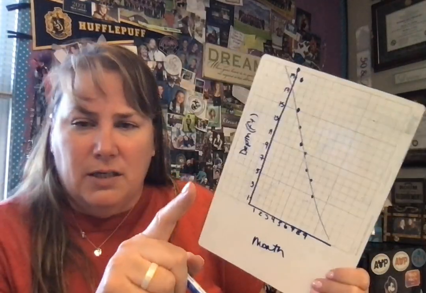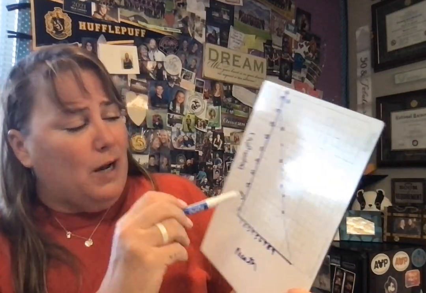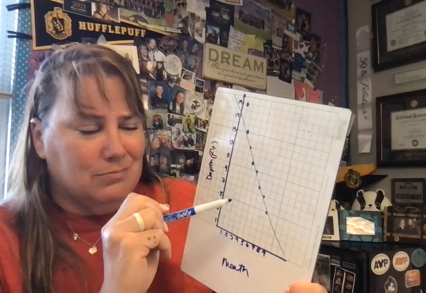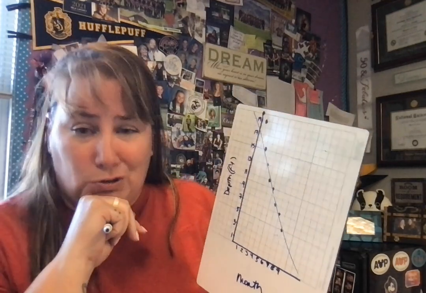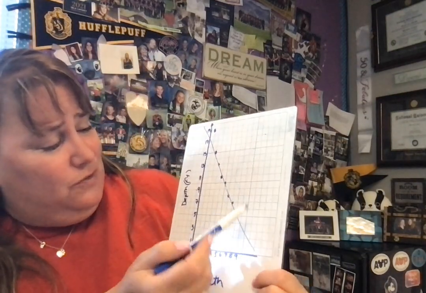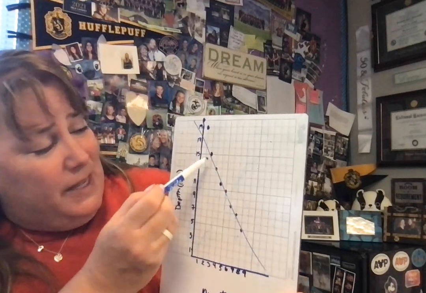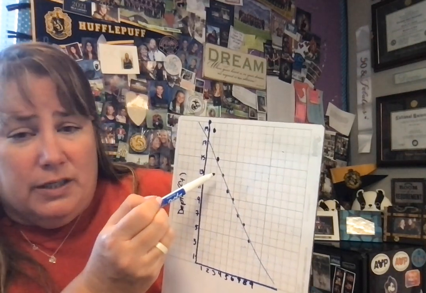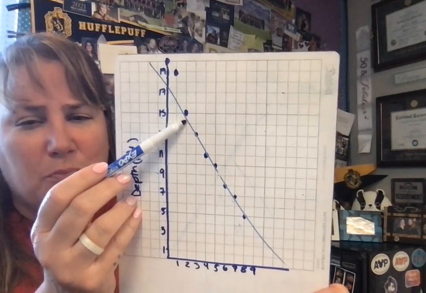I always suggest, based on your line of fit, grab 2 points that are close to each other, or grab 2 points where your line goes through. My line actually went through quite a few. So I could use maybe these 2 points or these 2 points. Even these 2 points are good because, even though my line didn't go through this point, they're still pretty close.